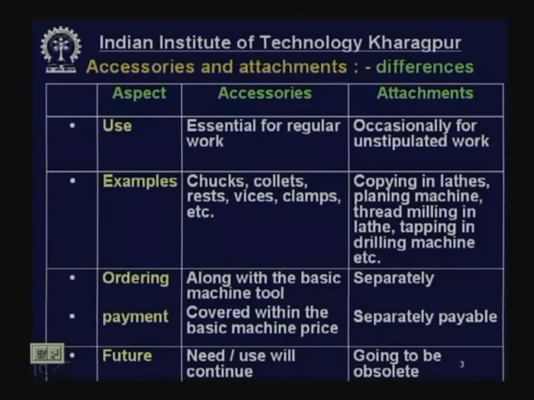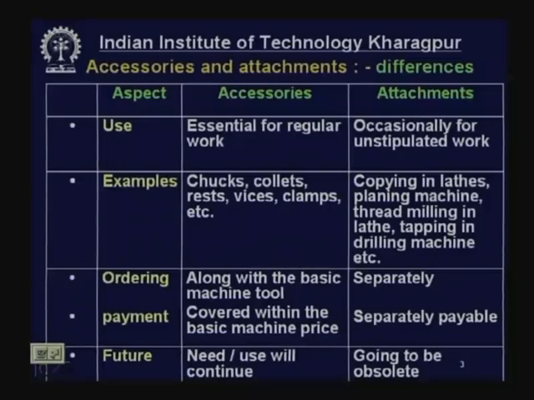Now, let us have a quick glance into accessories and attachments. Accessories and attachments both are used in machine tools, but there are differences. What are the differences between accessories and attachments? In respect of use, accessories, remember, are essentially used for regular work. Each machine tool is specified for a range of activities.